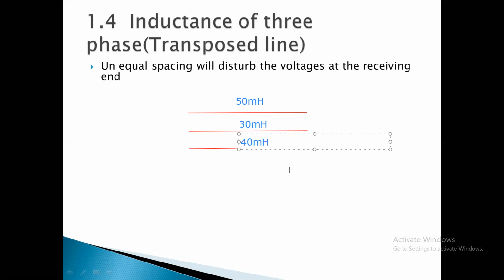What is the problem here? You know that our voltage drop depends upon inductance. If there is more inductance, then I will get less voltage here. For example, it is a 33 kV line. I am getting 33 here. Maybe I will get 28 here.